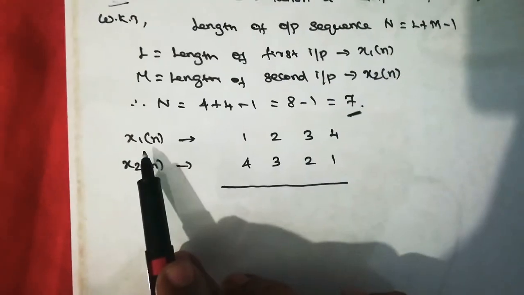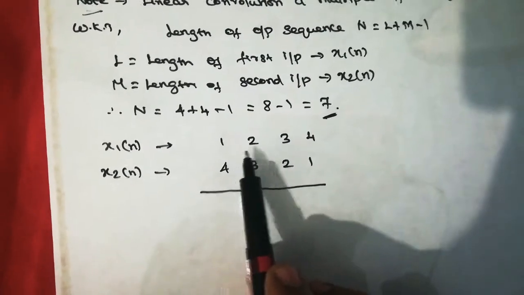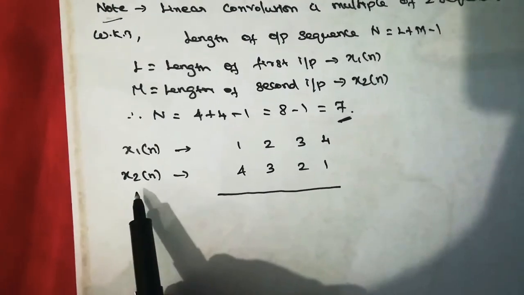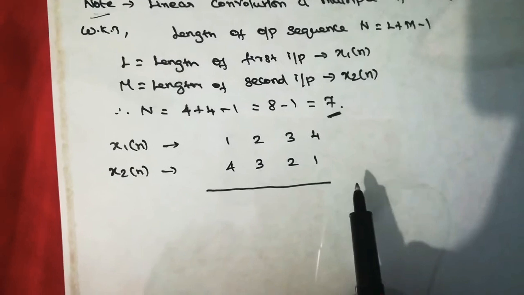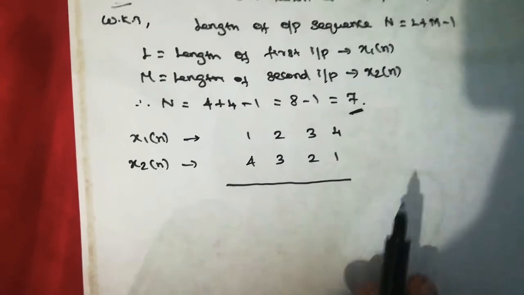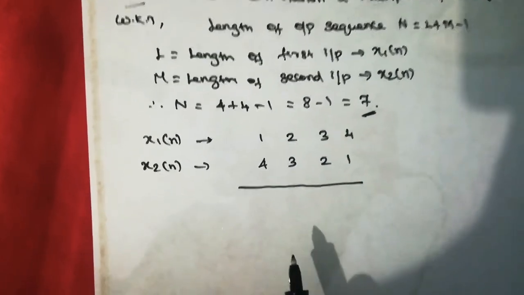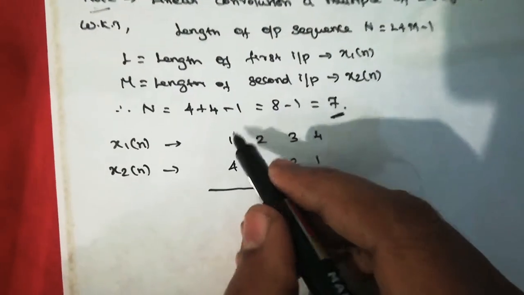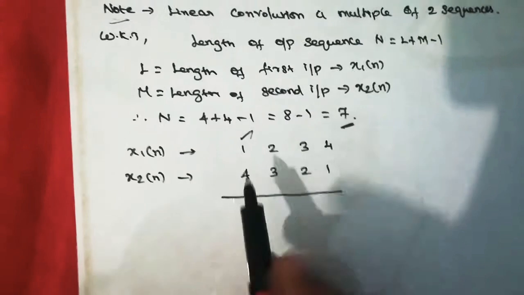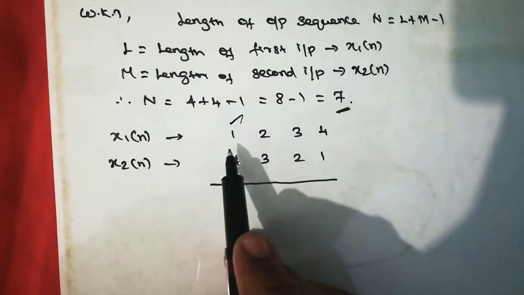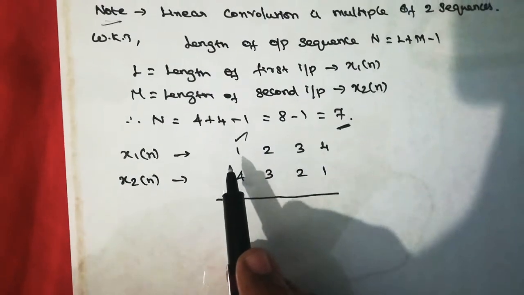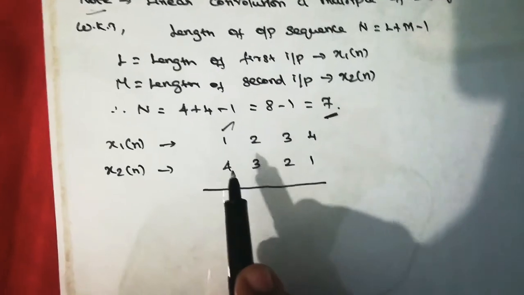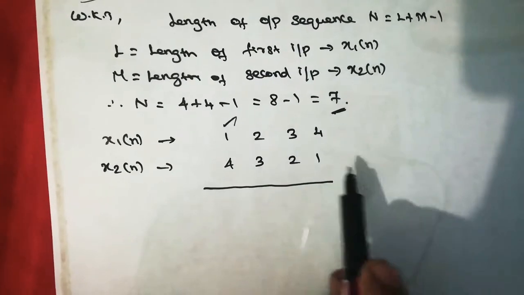First write x1 of n in this order: 1, 2, 3, 4, and x2 of n: 4, 3, 2, 1. What we are going to do is first take the first value of x1 of n, which is 1, and multiply it with all the values in x2 of n.